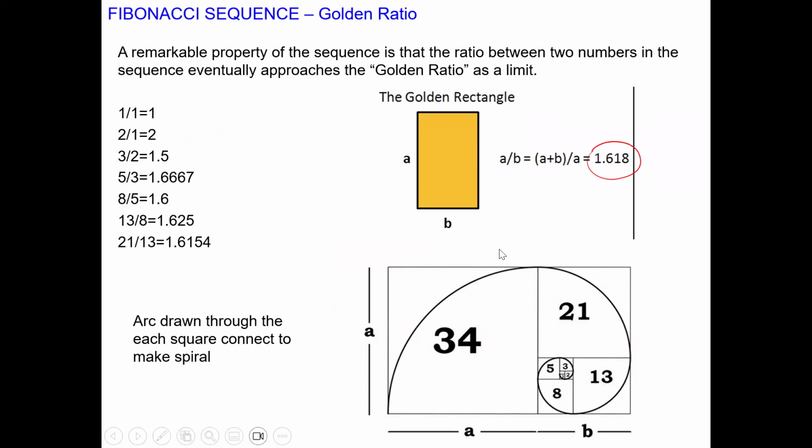If you draw a rectangle, you can even try: just take a pencil and quickly draw the rectangle. Measure A length, measure B width, divide, and get the answer. The answer will be really close to 1.6. Golden ratio. That's how we are connected.